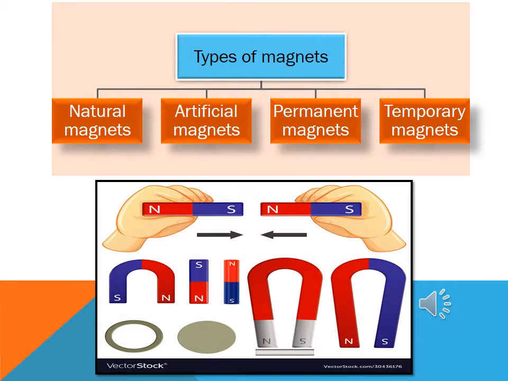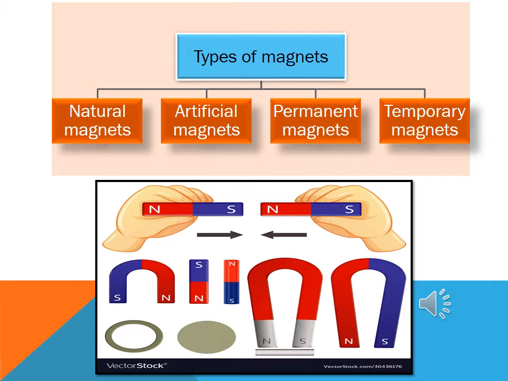Now let us learn about the types of magnets. Natural magnets: certain naturally occurring rocks or parts of rocks having magnetic properties are called natural magnets. They have relatively weak attractive and directive property. Lodestones are natural magnets.